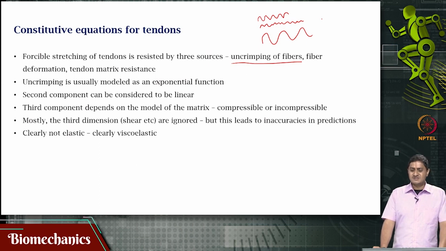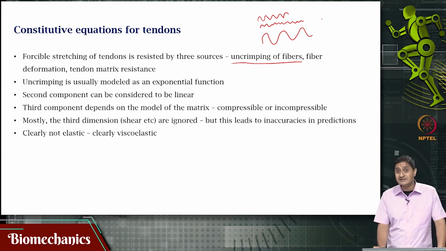resistance, this resistance is because of uncrimping of fibers, and then the fibers themselves deform, and tendons are not composed only of collagen, but the fibers are located in a matrix of tendinous material.